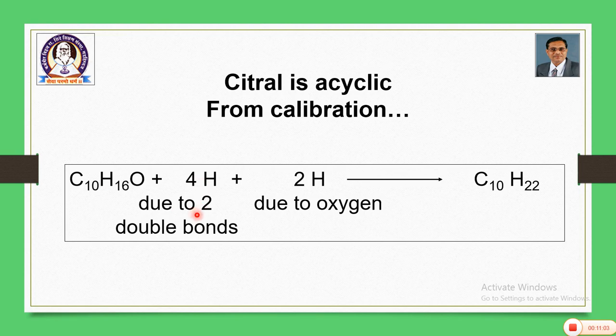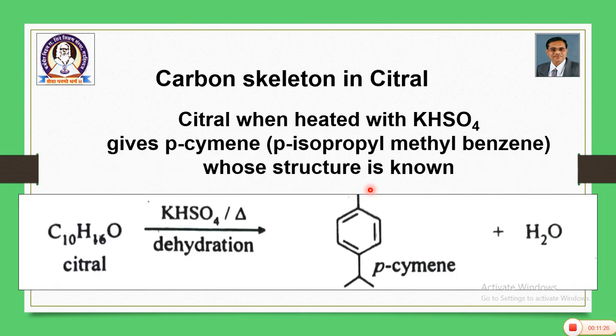Then there is a presence of two double bonds or 4 hydrogens and one oxygen, therefore 2 hydrogens. So, by considering this, we get a general formula C10H22. This indicates that this is CnH2n+2. So, it is a cyclic compound which is evident from this calibration data.